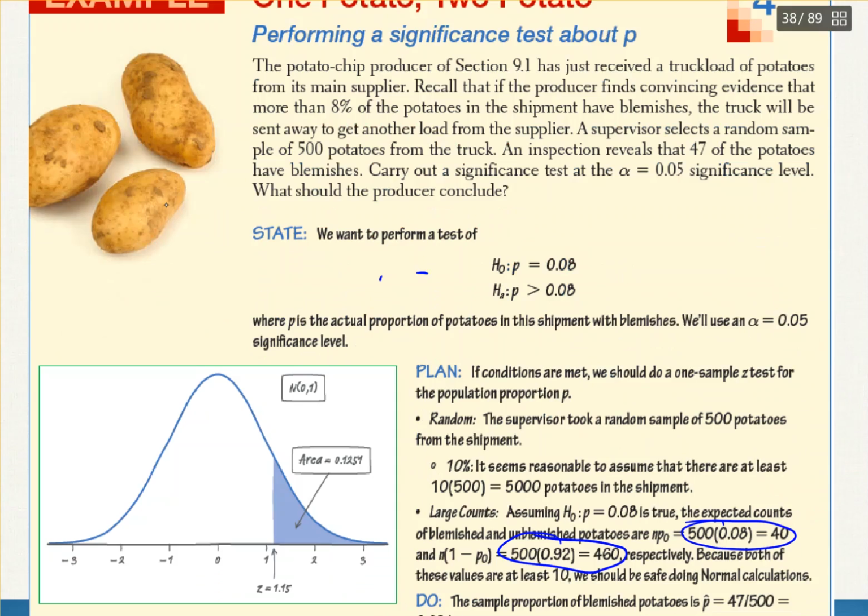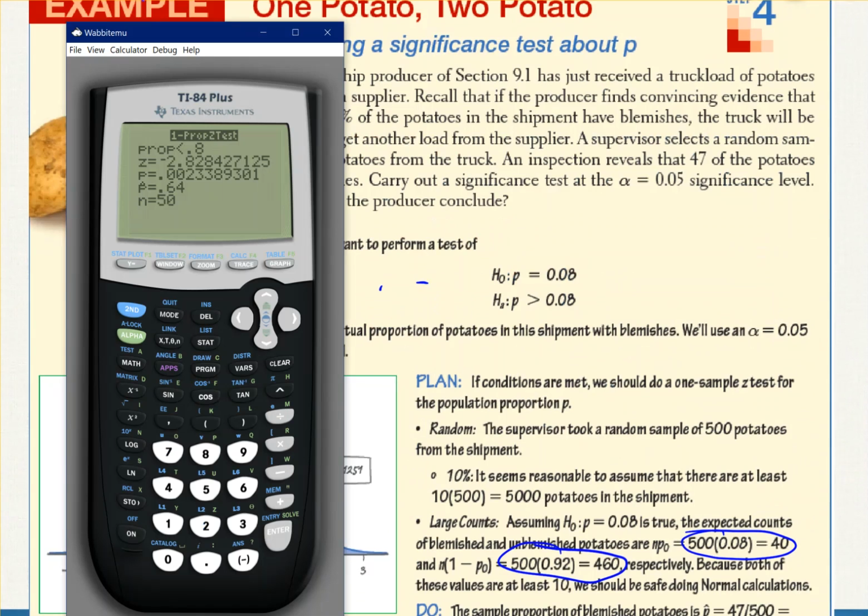If we do this potato one real quick, let's just try that. Let's clear, stat again, over to tests, one-prop z-test. So in this case, our p naught was 0.08, and we had 47 in a sample of 500, and we want to check the claim that it's greater than 0.08.